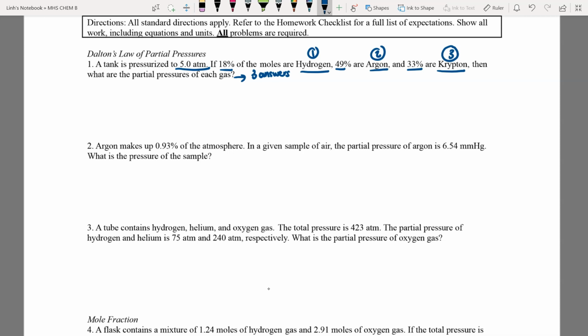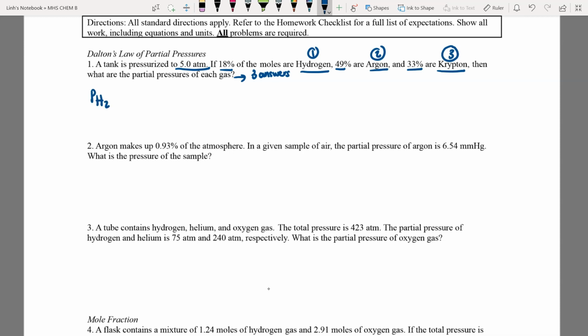Now, knowing that 18% of the moles are hydrogen, what this means is that the partial pressure of hydrogen is also 18% of the total pressure that's in the tank. And that is because partial pressure is only dependent on the number of moles. So I'm going to write my equation.